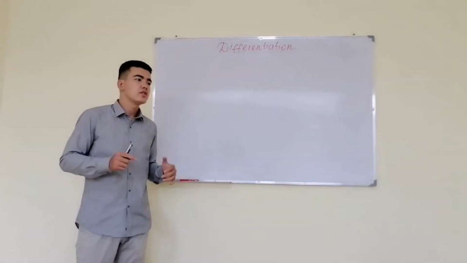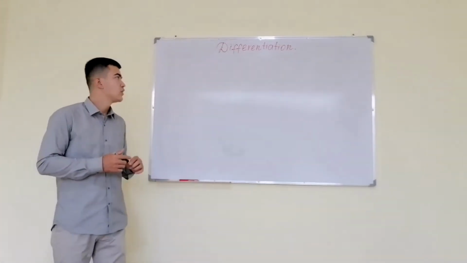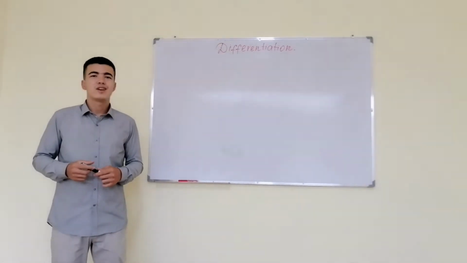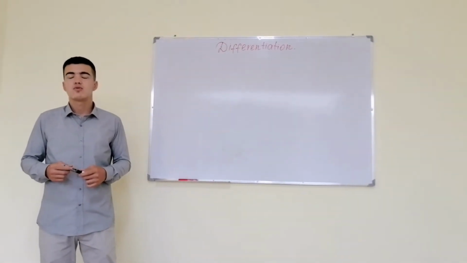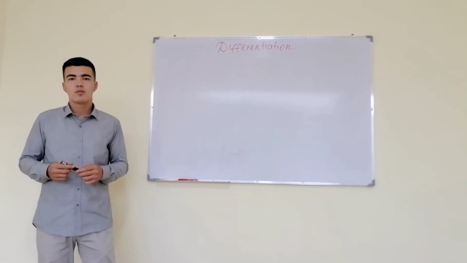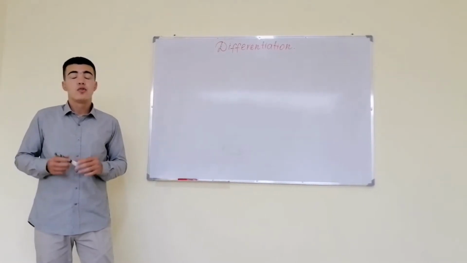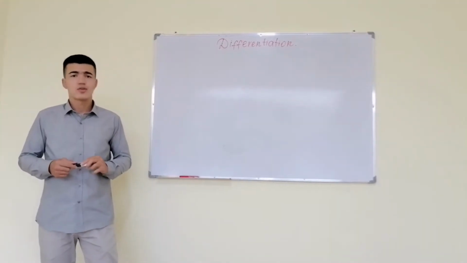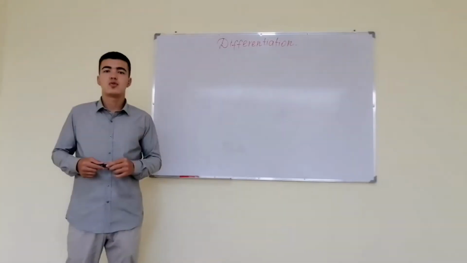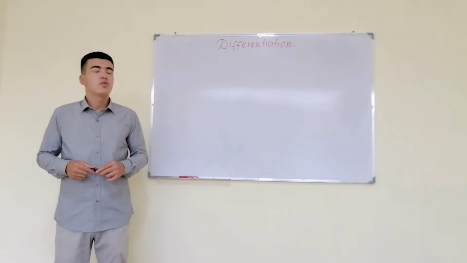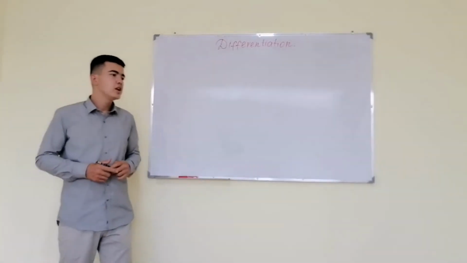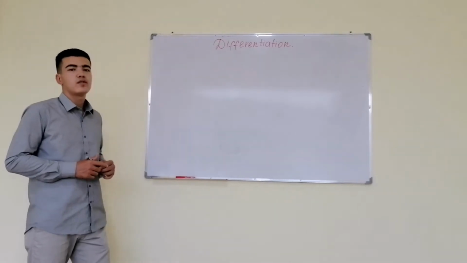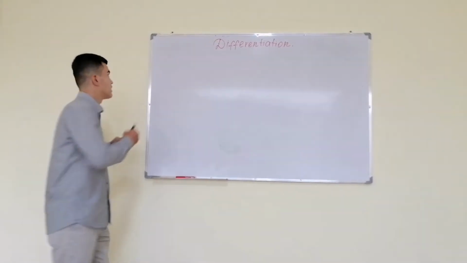Okay? Many students always try to learn all the formulas by heart. Actually, it's a big mistake. Why? Because you have to understand the formulas and the proof of the formulas. And after that, of course, it will be much easier for you to remember them, right? So, in order to understand differentiation, as I said, we have to understand the average rate of change of a function. Let's try it.